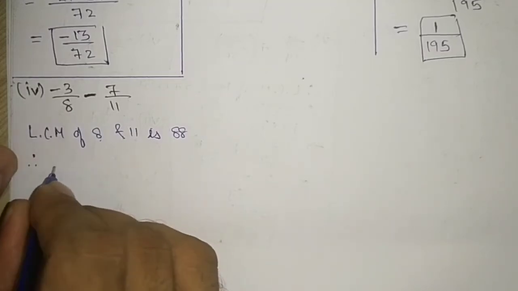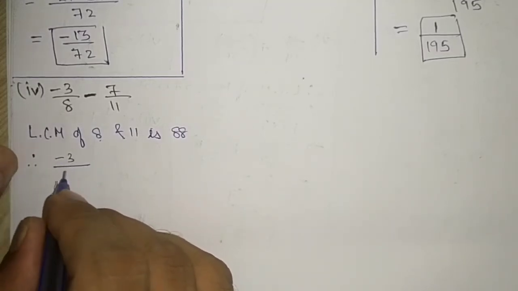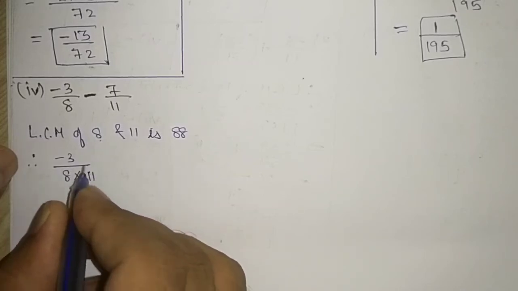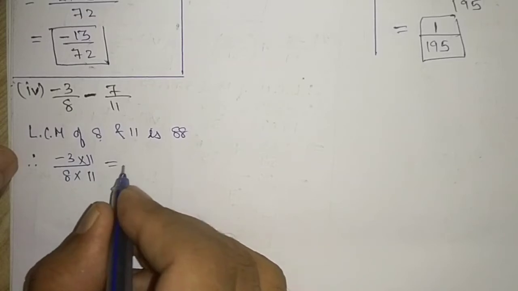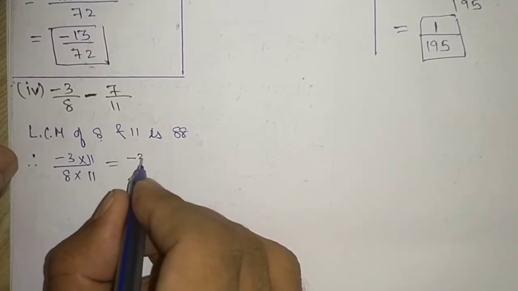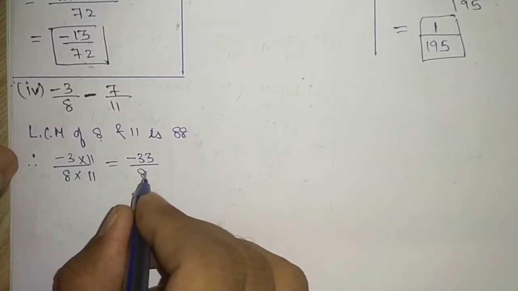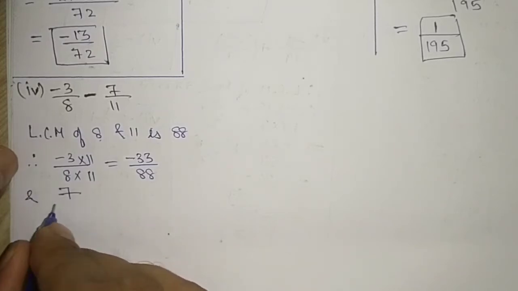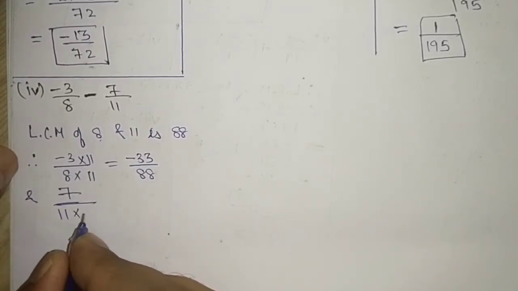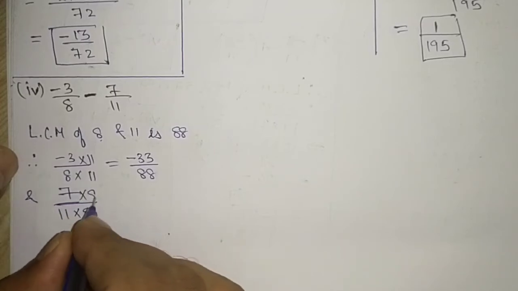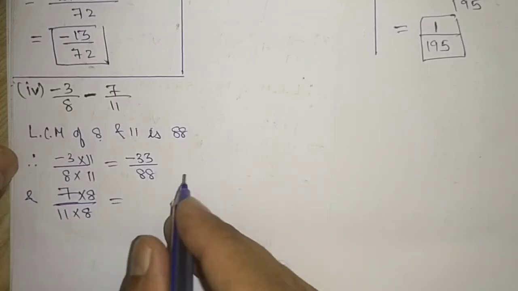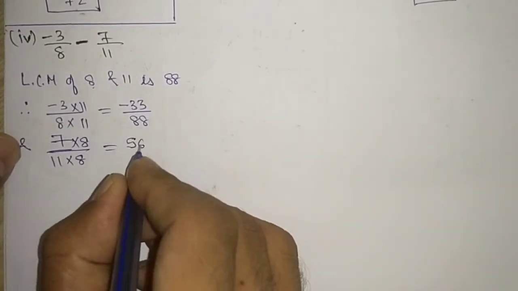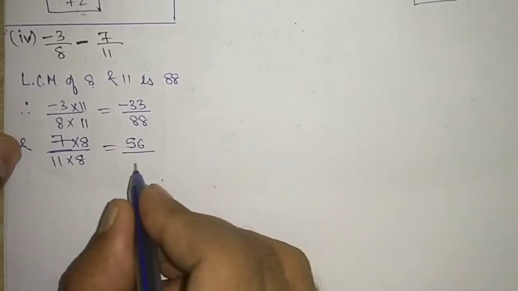Therefore, to make minus 3 by 8 have denominator 88, I will multiply 8 by 11, so the numerator also by 11, and we will get minus 33 by 88. And the other number, 7 by 11: to make the denominator 88 I will multiply it by 8, so the numerator also by 8. For the numerator we will get 7 8's are 56, and 11 8's are 88.